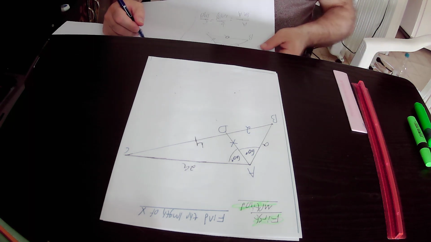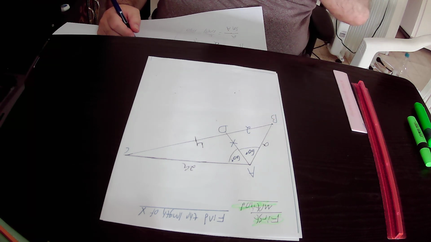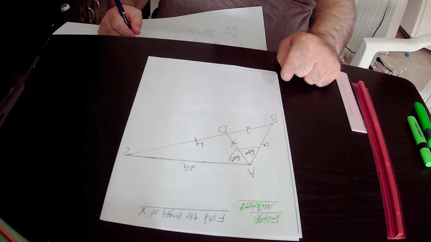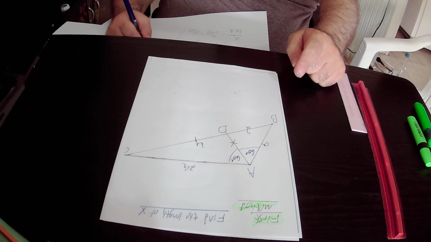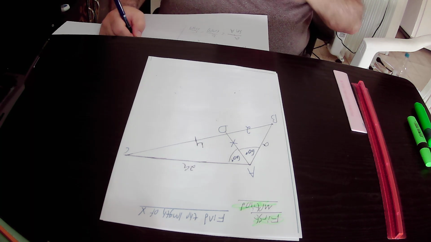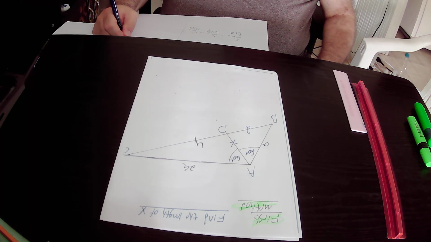According to the law of sines, if we focus on triangle ABD, we will get that 2 over sine 60 degrees equals A over sine theta.